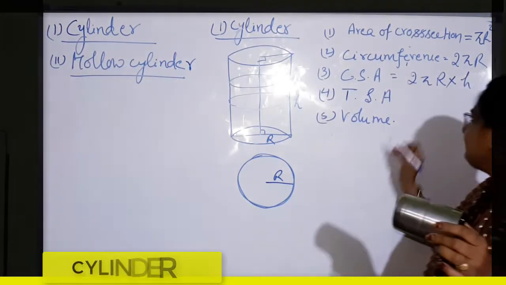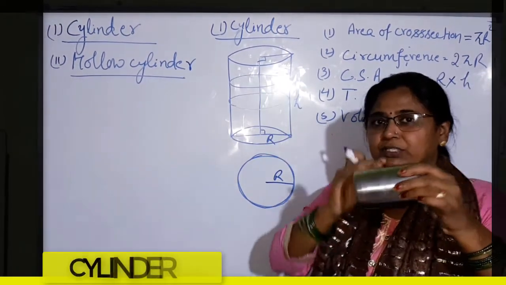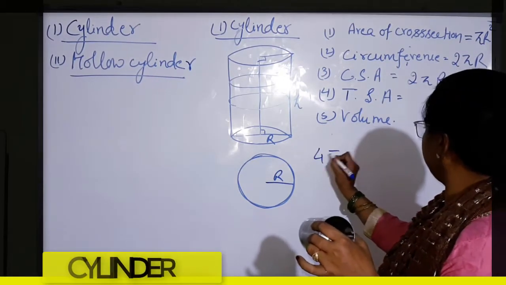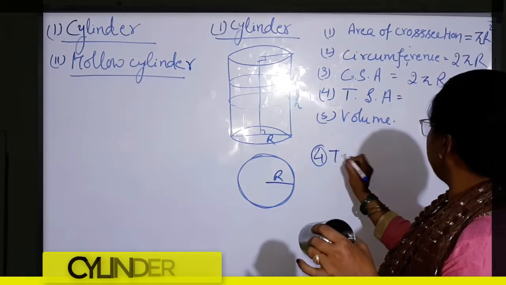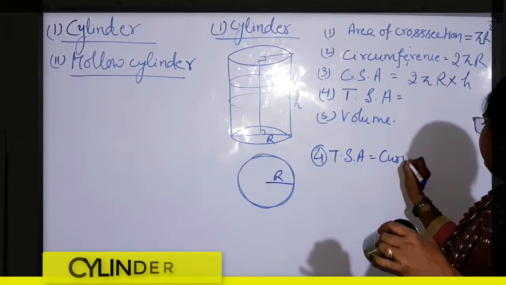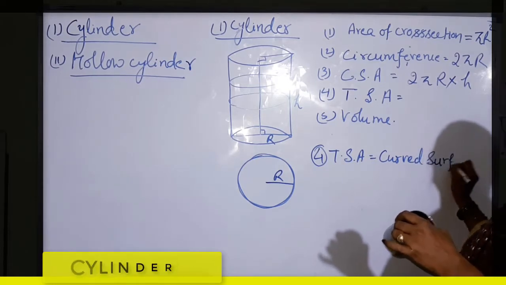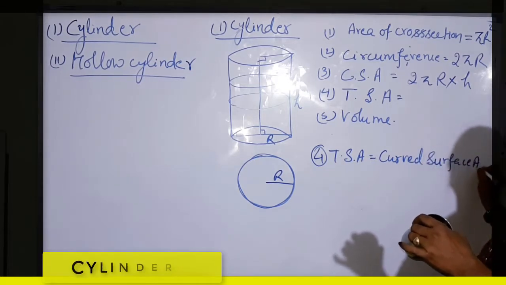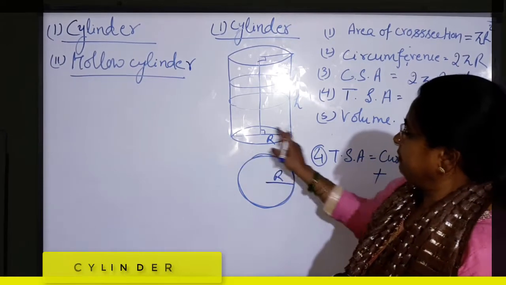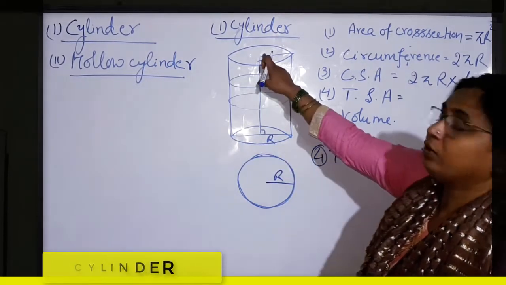Total surface area means curved surface area, this portion, plus this bottom circle area and the top also.